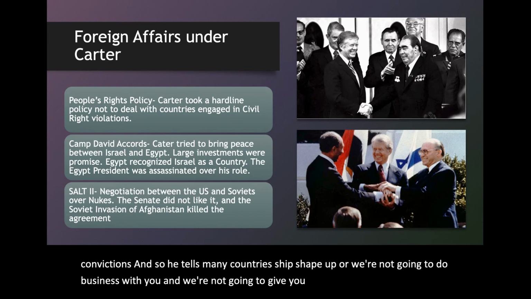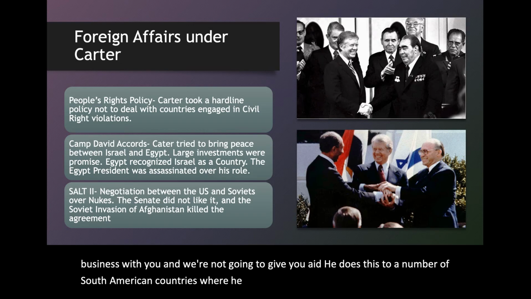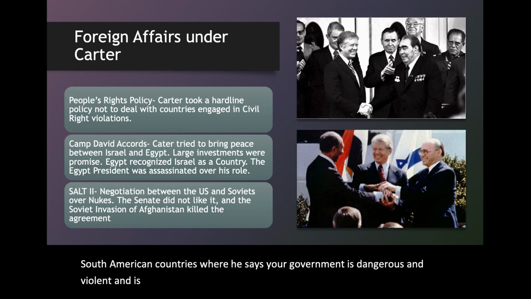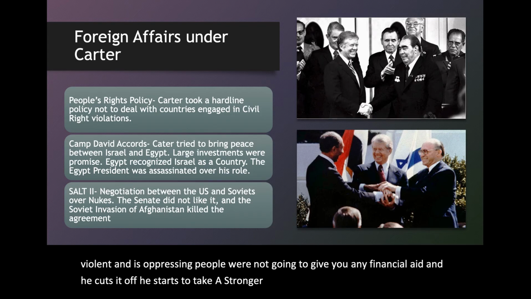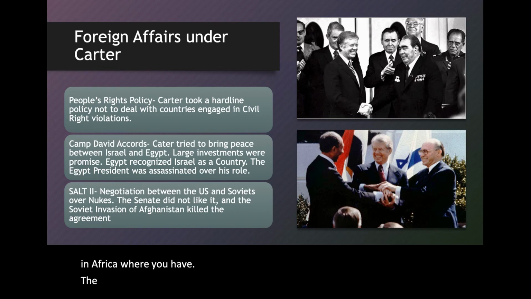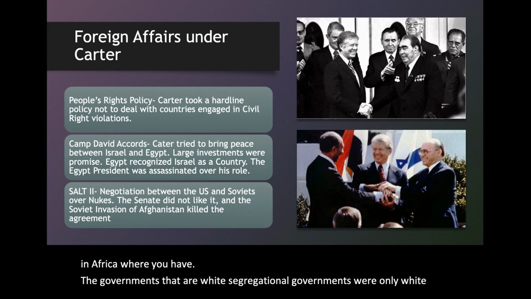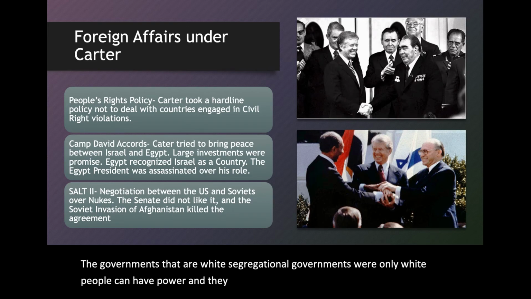He does this to a number of even South American countries where he says, your government is dangerous and violent and is oppressing people. We're not going to give you any financial aid. And he cuts it off. He starts to take a stronger position in areas like in Africa where you have the governments that are white segregational governments where only white people can have power and they suppress the African Americans in those countries.